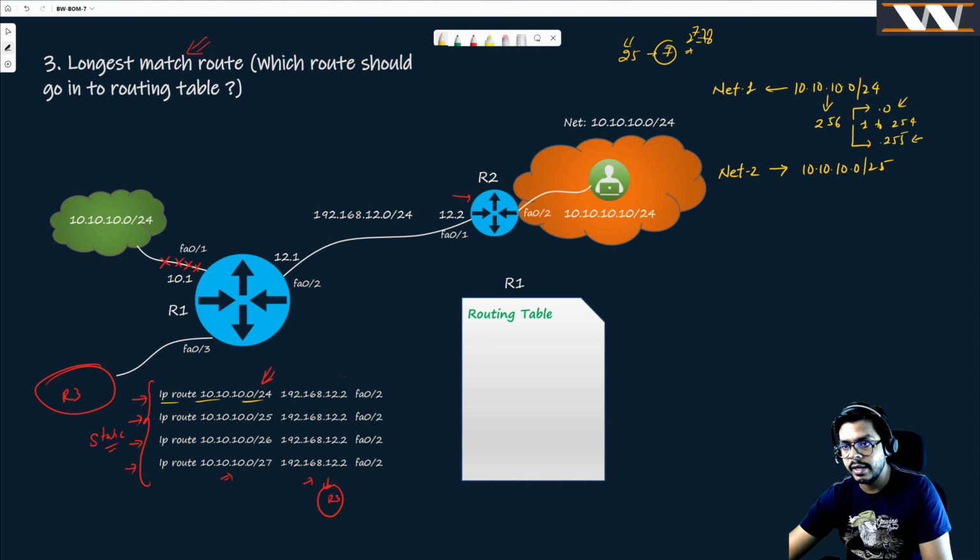So we are going to have 128 hosts here. The first IP address of this host is .0, and the last IP address is going to be 127, because if you count 0 to 127, the number you get is 128, and there are many IP addresses which are .1 to 126. .0 is the network number, .127 is the broadcast number.